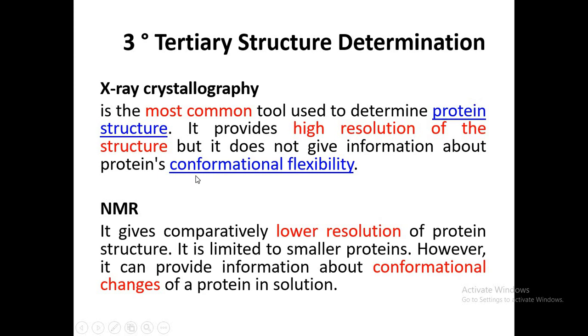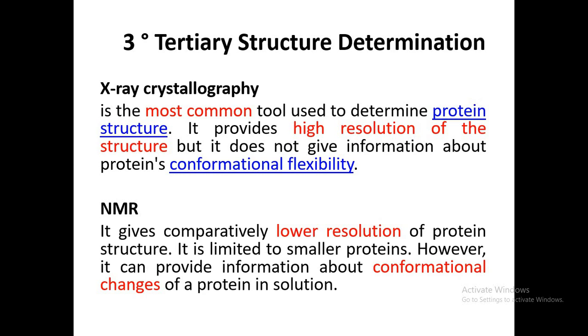Now one more important thing that we have to study here is that we have different techniques by which we can find out the 3D structure of a protein. So what are these techniques? One of the most important techniques is X-ray crystallography.